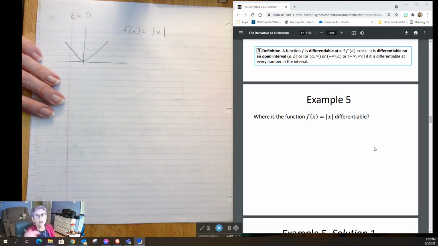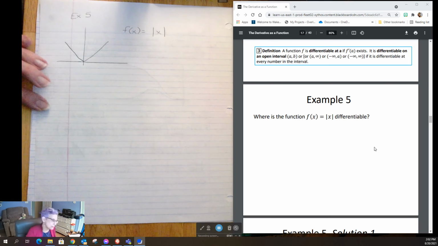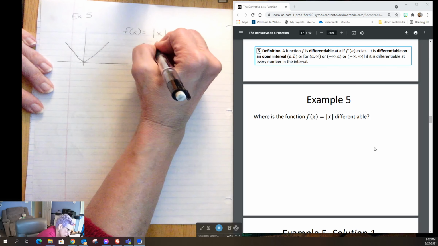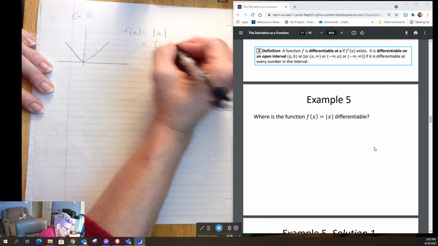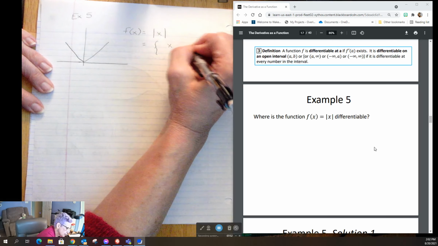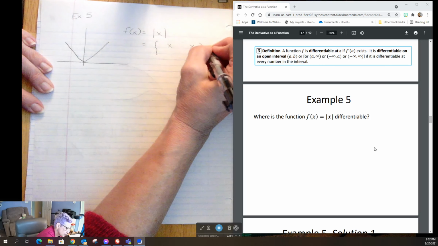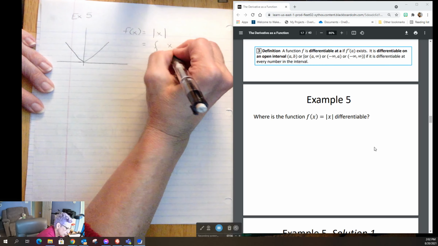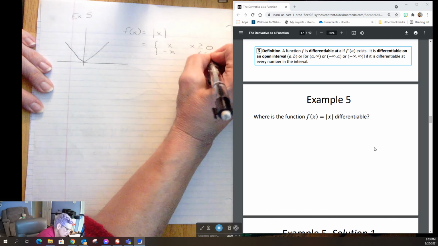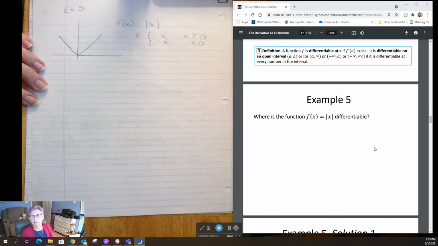And remember, another way to write the absolute value function is as a piecewise function. f of x would be equal to x if x is greater than or equal to 0, and the negative of x if x is less than 0.